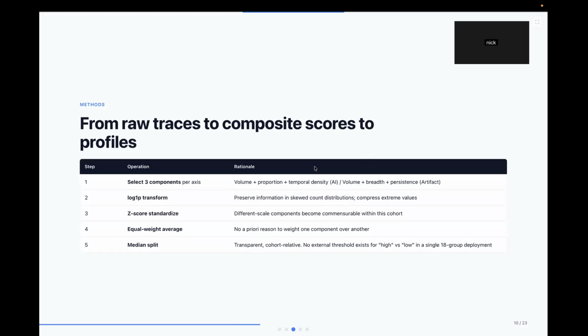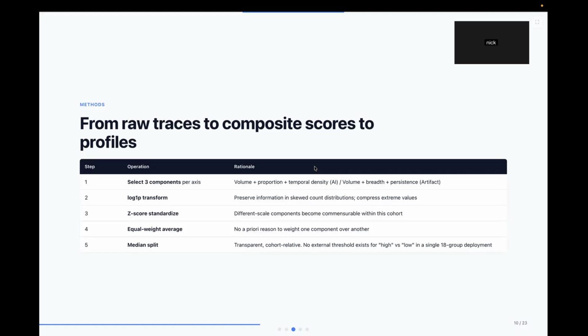So we also want to share that we used these transform methods, and we used the median split to try to get a high or low within 18 groups, because we have a relatively smaller group numbers.